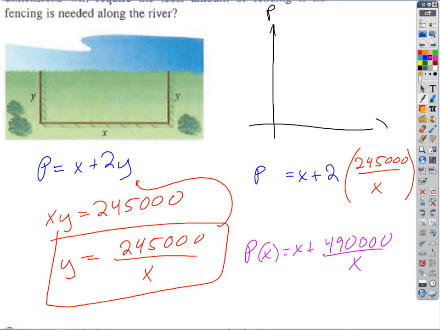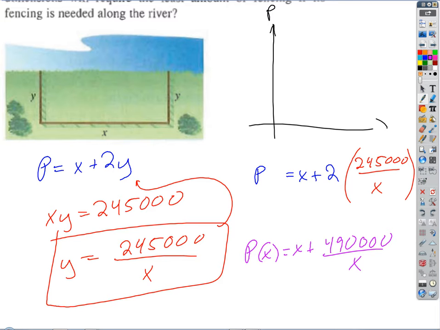So it can never quite go all the way to 0, but as it gets closer and closer to 0, do you see that X is going to have to get bigger and bigger without bound? And so really, there is no upper limit to this. It's not very practical, probably, to have a pasture that's 1 centimeter wide and 1,000,000 miles long. That's not going to be probably a very good choice for a pasture.